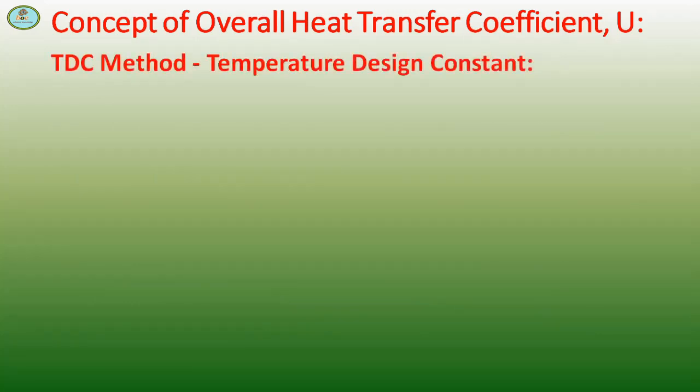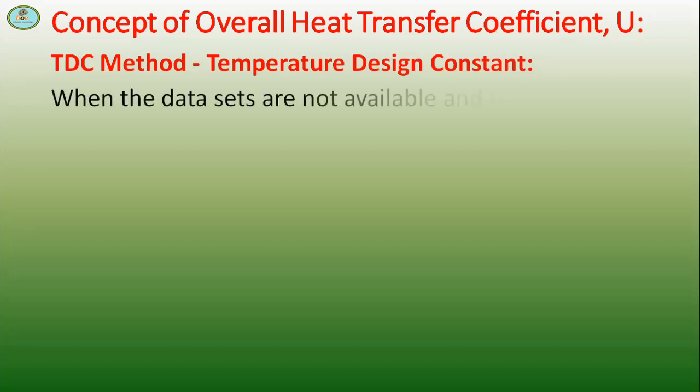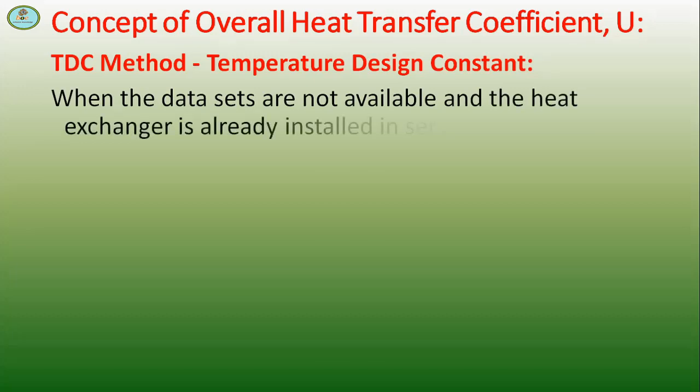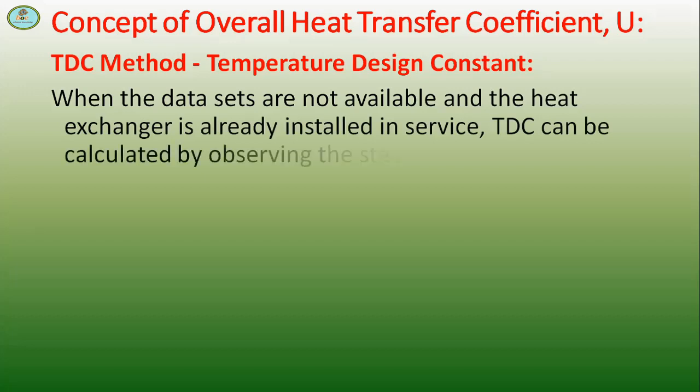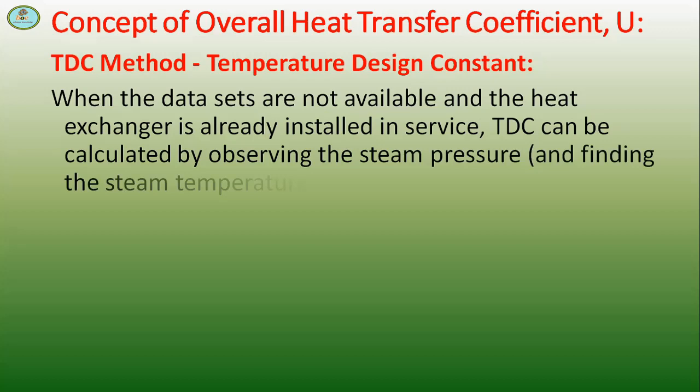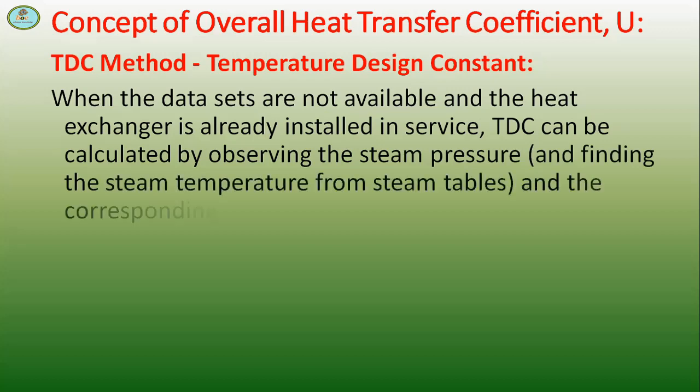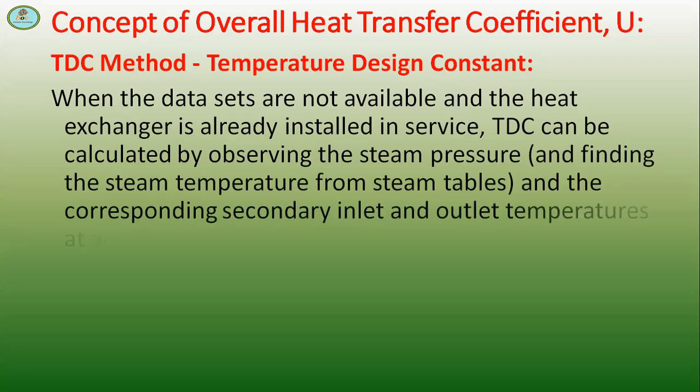When the datasets are not available and the heat exchanger is already installed in service, TDC can be calculated by observing the steam pressure and finding the steam temperature from steam tables and the corresponding secondary inlet and outlet temperatures at any load.